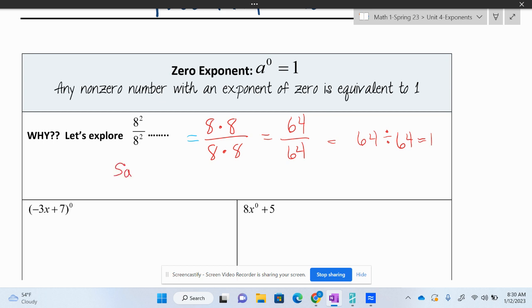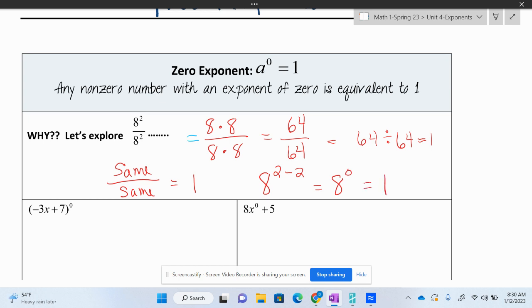So if you have the same in the top and the same in the bottom, it equals 1. But using the rule, 2 minus 2 is 0, and that's why it equals 1.